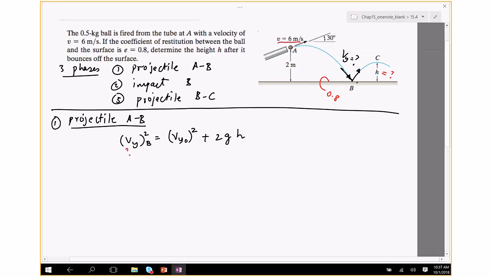Let's try to set up that equation. Write it slightly differently: velocity of y, we call it Vyb squared, is unknown, and equals the initial velocity of y, which is going to be 6 sine of 30 degrees squared, and my convention is positive is upwards, so it's positive, plus 2 times gravity, which is 9.81, it is downward so it's negative, and the height is also downwards, so it's also negative.